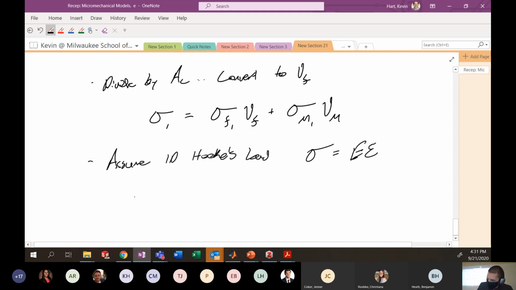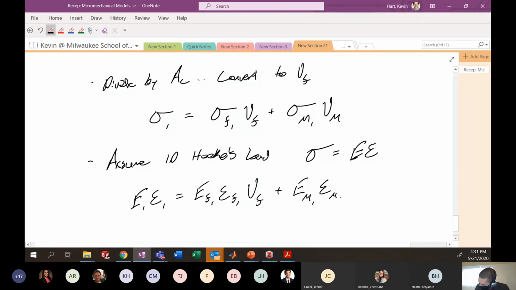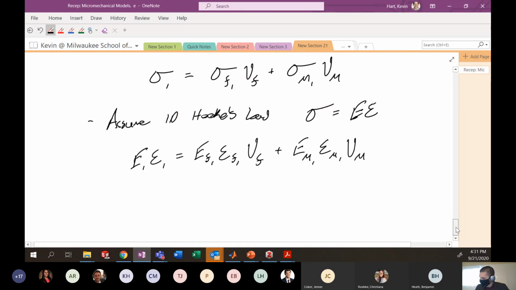If we do that, we're going to have the modulus in the one direction times the strain in the one direction is the modulus of the fiber in the one direction times the strain of the fiber in the one direction multiplied by the volume fraction of the fibers, plus the modulus of the matrix in the one direction times the strain of the matrix in the one direction multiplied by the volume fraction of the matrix.